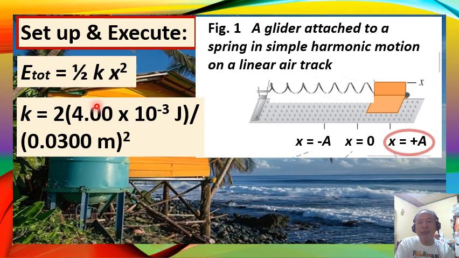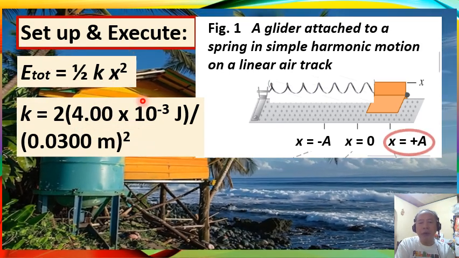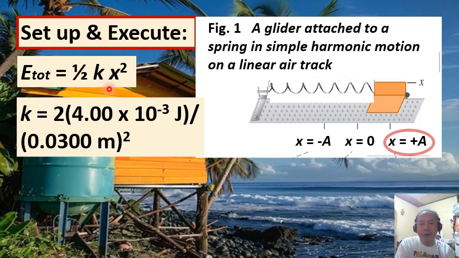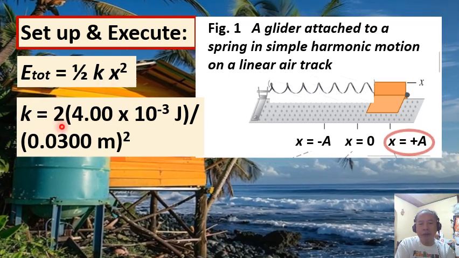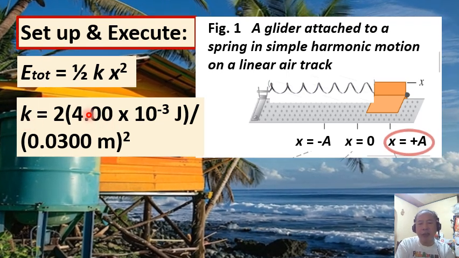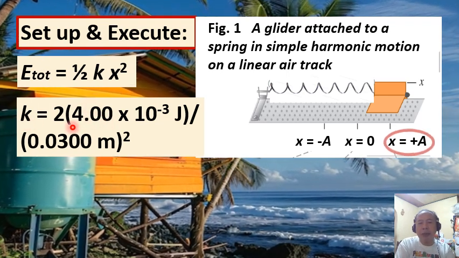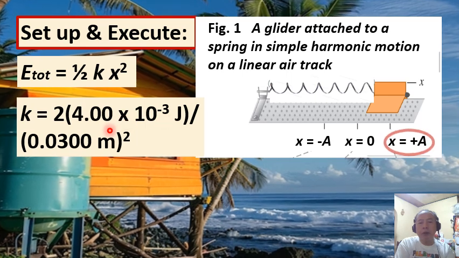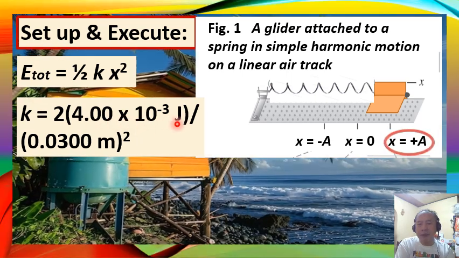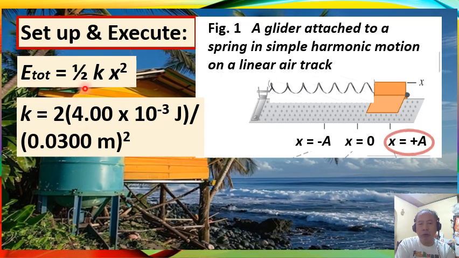So we isolate the unknown force constant K, right? Which means that to determine this force constant K, we just multiply the total mechanical energy, 4.00 times 10 to the negative 3 joules by 2, right?